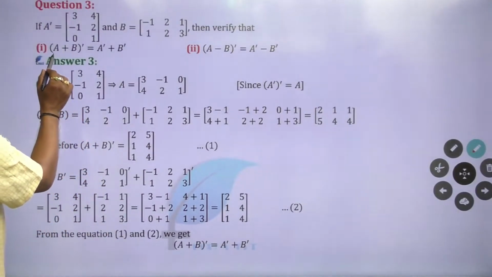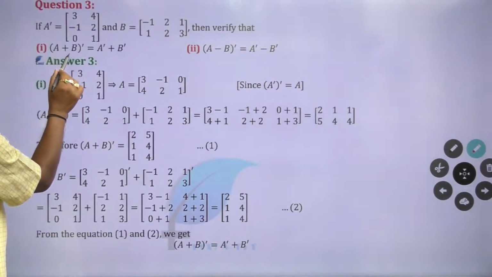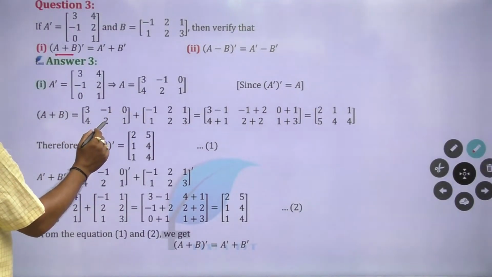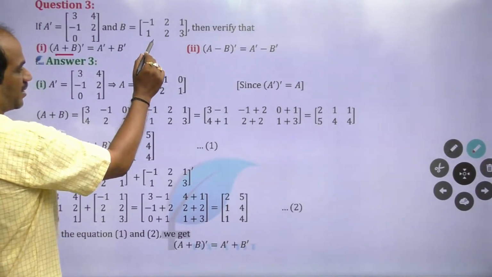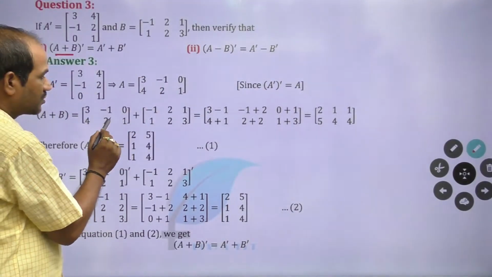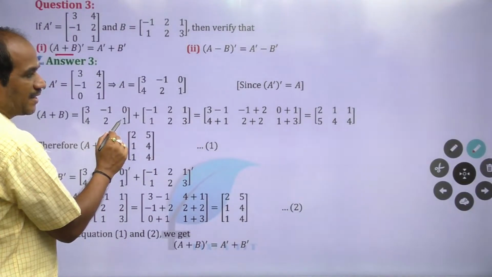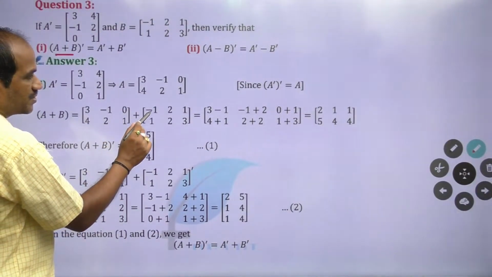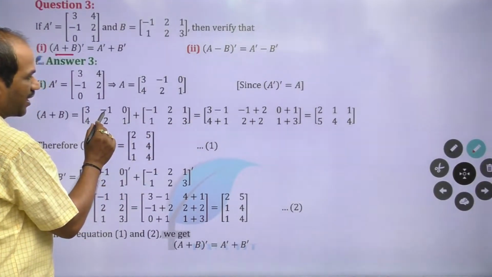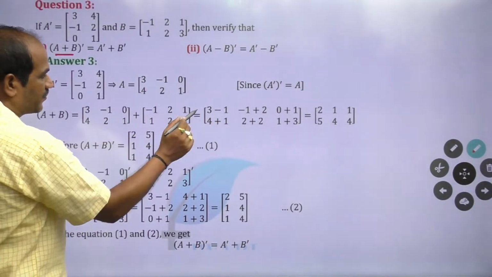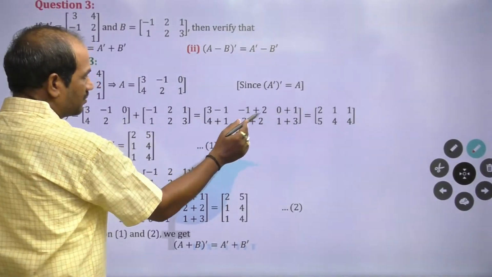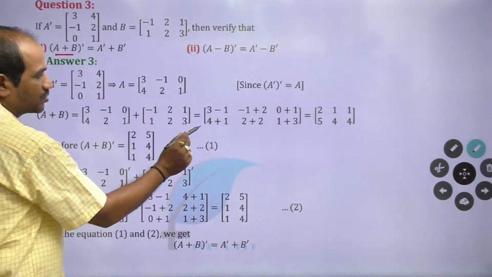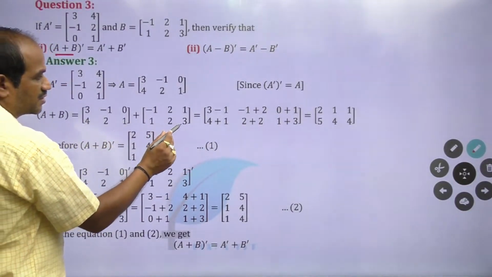Next, first we calculate A plus B. A plus B is equal to the A matrix plus the given B matrix. For the sum of two matrices, we add corresponding elements: 3 plus minus 1, minus 1 plus 2, 0 plus 1, 4 plus 1, 2 plus 2, 1 plus 3.